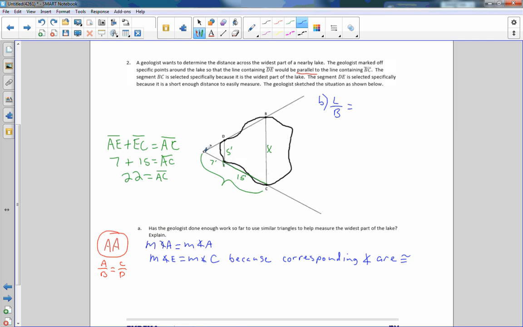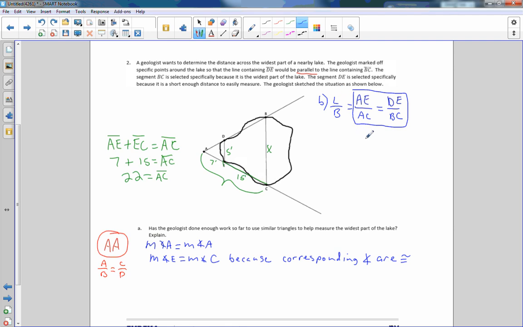This side of the little triangle is AE, and the side of the big triangle is AC. That is going to be equal to the little side here, which is DE, and the big triangle side, BC. So here is my proportion that we're going to solve.